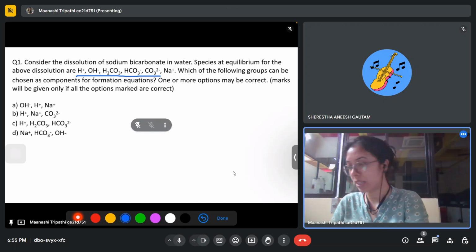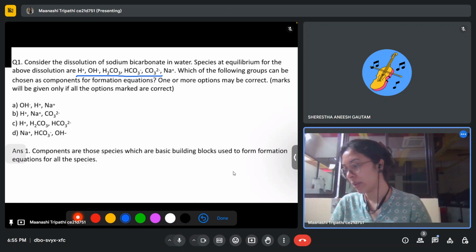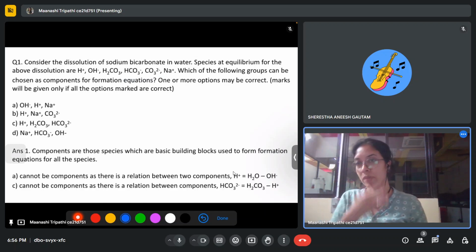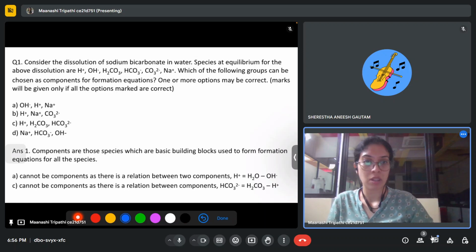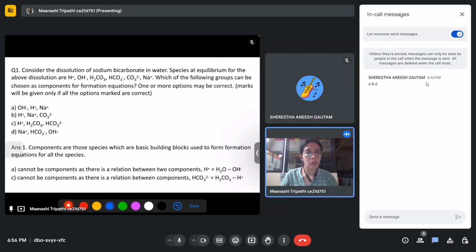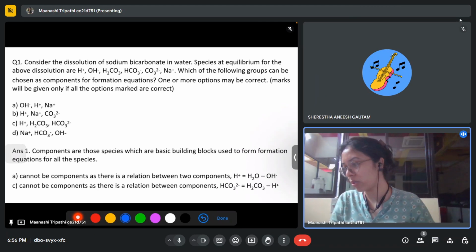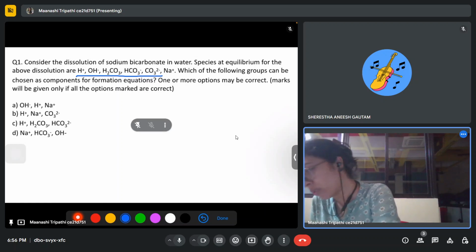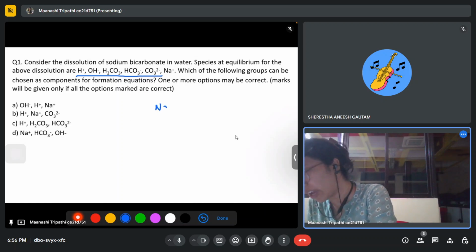Okay, we'll see the answer now. So the answer is B and D. Your answer was A and D. See, A cannot be the one because we know what sodium bicarbonate is: NaHCO3.